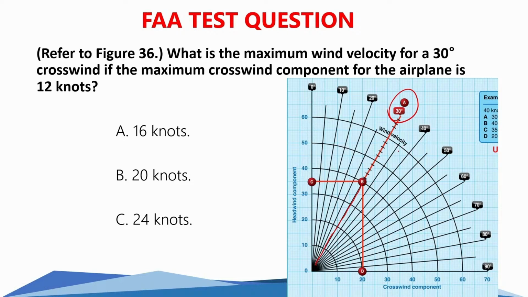I think where most people make the mistake is they just assume 12 knots. So you're actually looking for 12 knots right here. What it's asking is what is the maximum wind velocity based upon a crosswind component at 30 degrees from the runway, or basically from the airplane.